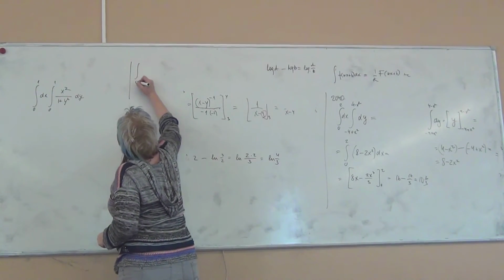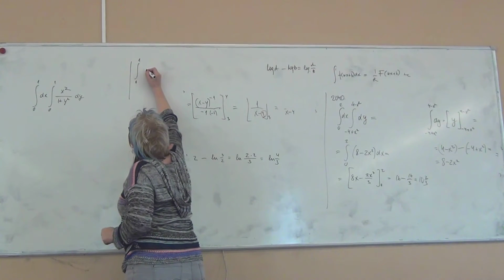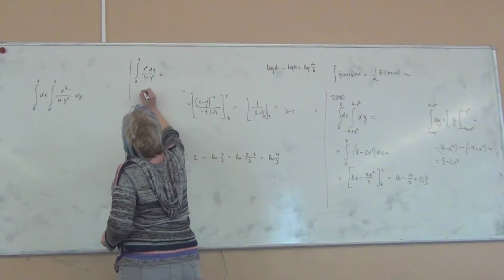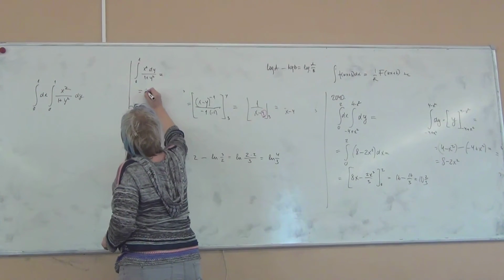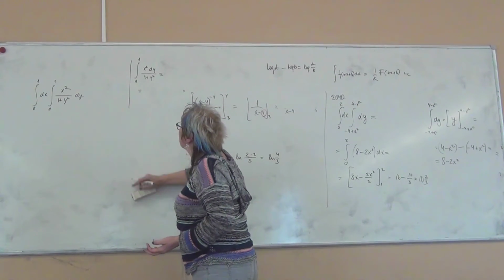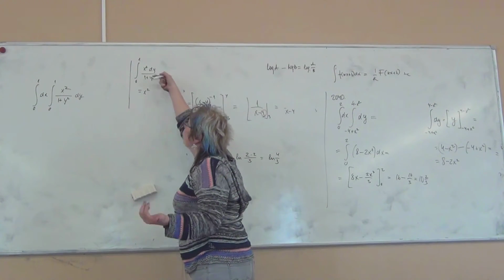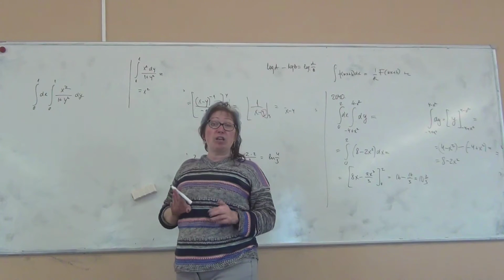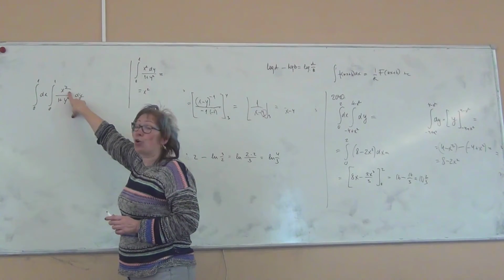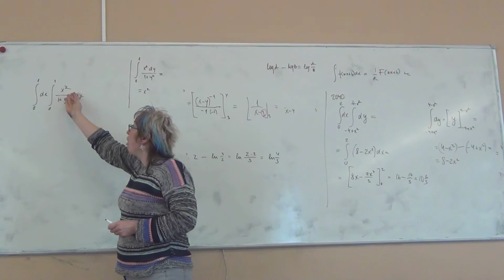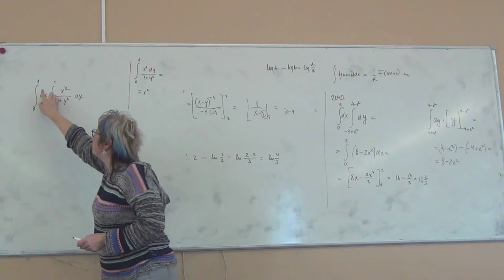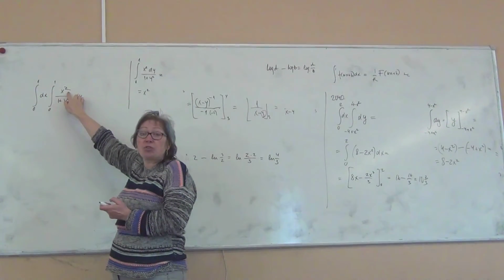So, alright, integral from 0 to 1, x squared dy over 1 plus y squared. We can actually take x squared outside the integral because it's simply a constant for this. So basically what we see is the factors containing only x can be taken outside of this integral because they are just constants.